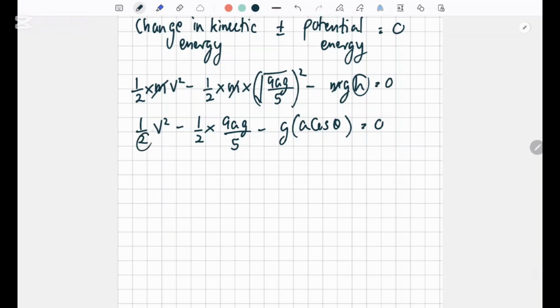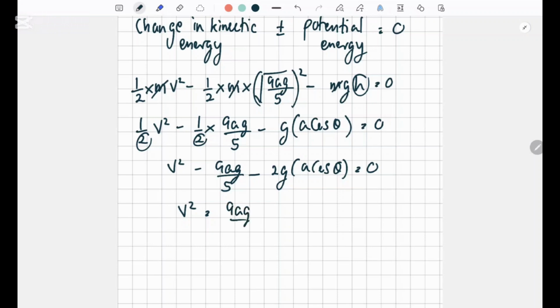Now let's multiply everything by 2. So v squared minus 9ag over 5 minus 2ga cos theta equals 0. Let's take everything to the other side: v squared equals 9ag over 5 plus 2ag cos theta.